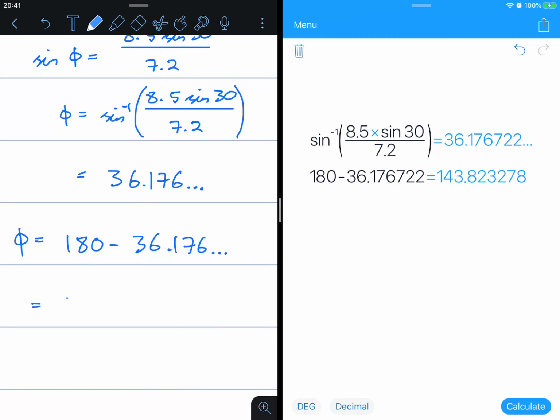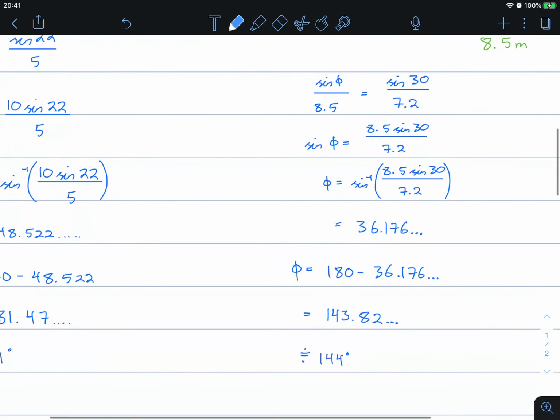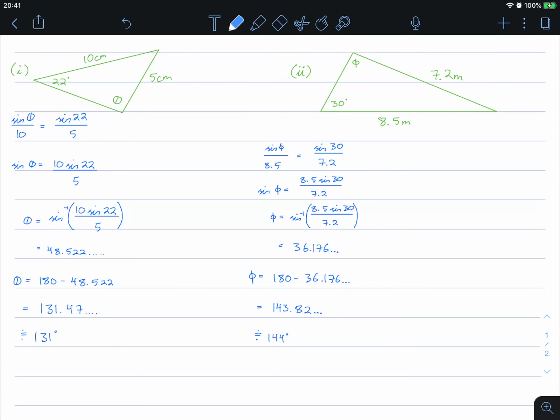That gives us an angle of 143.82, which is approximately, to the nearest whole degree, 144 degrees. And 144 is clearly an obtuse angle.